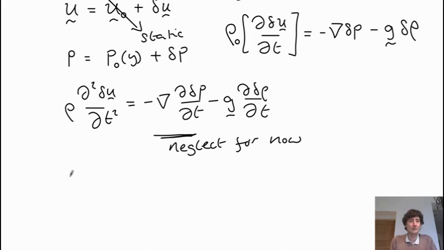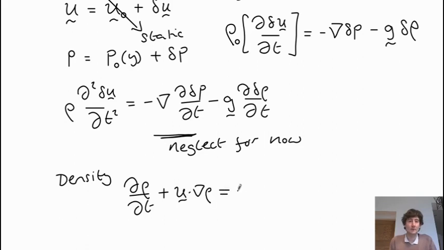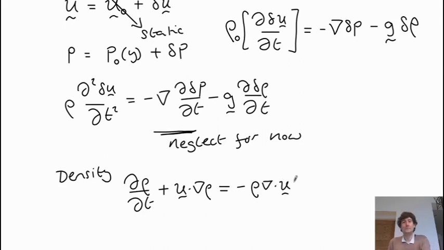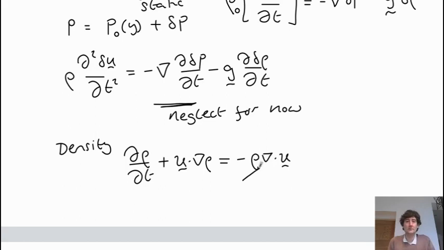So we have the original mass density equation: d rho by dt plus u dot grad rho, we'll write it in this form, plus rho div u equals 0. For now we're going to assume that the divergence term is 0, so we're going to assume that this is incompressible. This can be shown to be a good approximation if the flow speed is small compared to the sound speed.